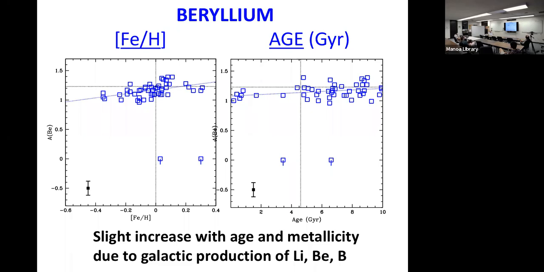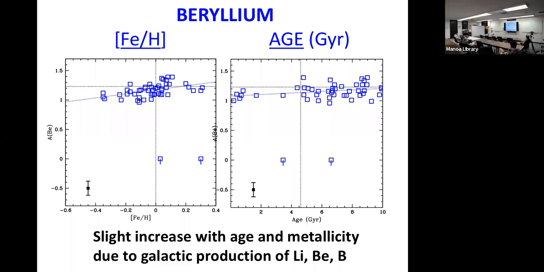And presumably this is due to the production of beryllium during the lifetime of the galaxy, primarily by energetic protons and neutrons, like 150 MeV, that bang into a carbon or nitrogen, oxygen nucleus floating around in the interstellar gas.